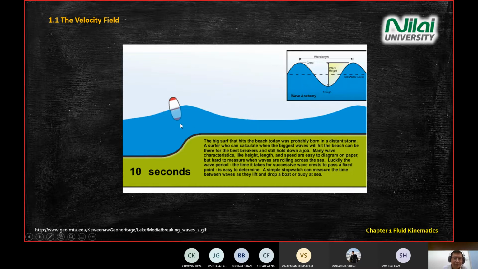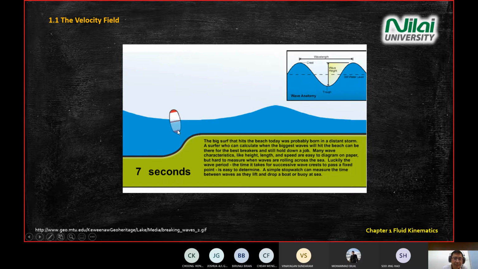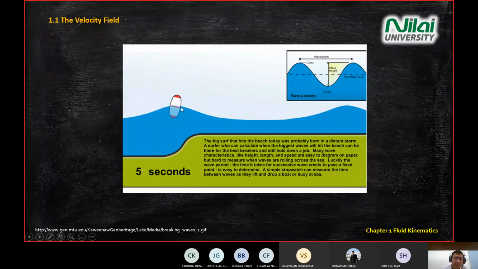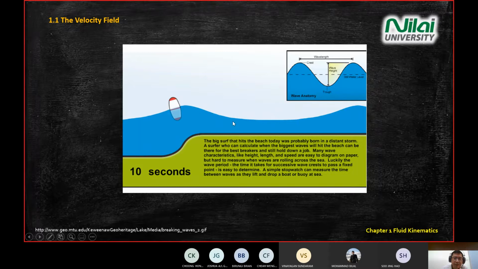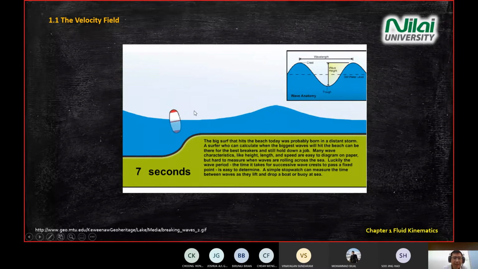Now, if we cut away the string attached to the buoy and let this buoyant ball follow the wave along the sea, and then we see where it will arrive after a certain time, then this becomes Lagrangian.